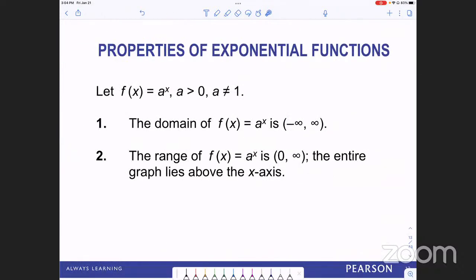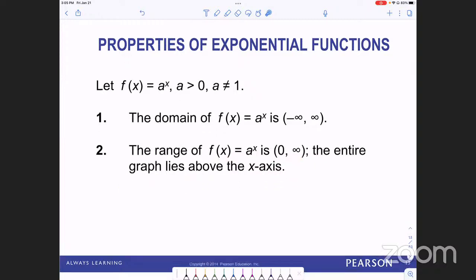So, some properties of exponential functions. When the base is strictly positive and not equal to 1, the domain of an exponential is all reals. The range of an exponential is from 0 to infinity, the open interval. The entire graph lies above the x-axis, so it never reaches the x-axis.